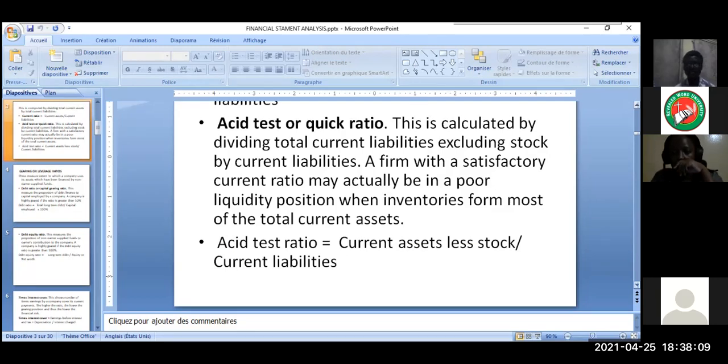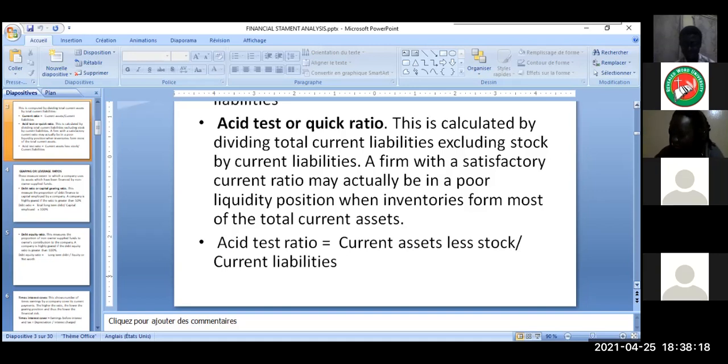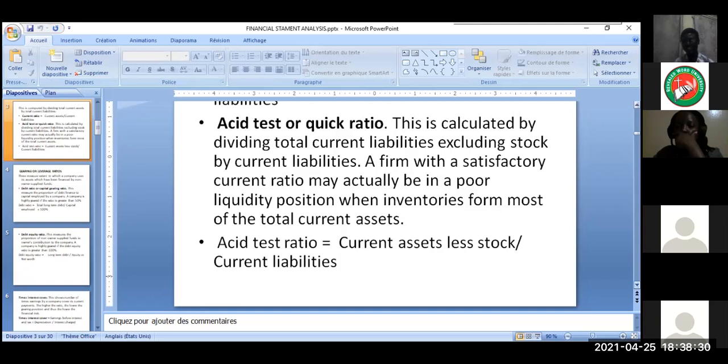Remember the format? Is it not in the balance sheet? Yes, it is in the balance sheet, but remember also when talking about cost of goods sold, stock is also included.